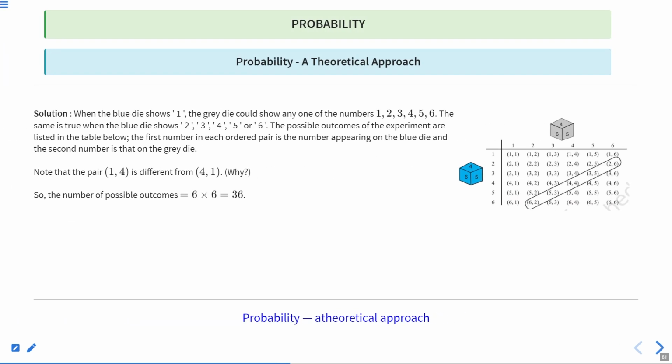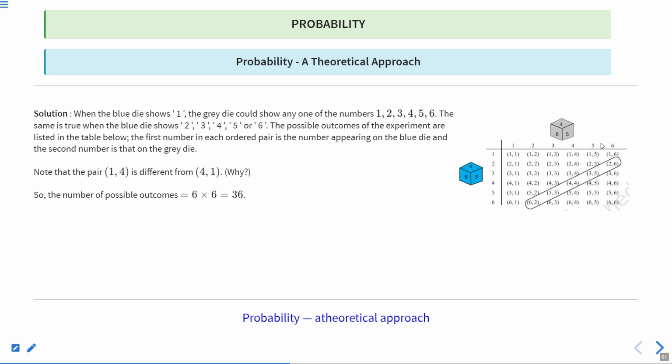So here, when the blue die shows 1, the gray die could show any one of the numbers 1, 2, 3, 4, 5, 6. The same is true when the blue die shows 2, 3, 4, 5, or 6. The possible outcomes of the experiment are listed in this table.